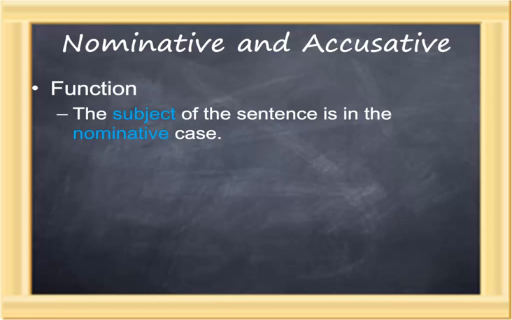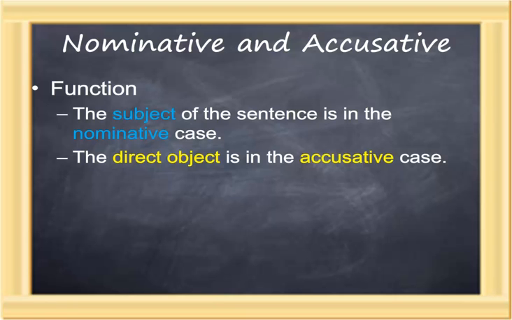Case ending, as you recall, helps us determine how a word functions or is used in a sentence. The subject of a Greek sentence is always in the nominative case. So, subject, nominative.